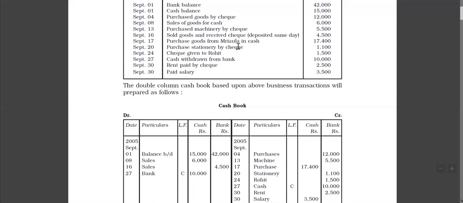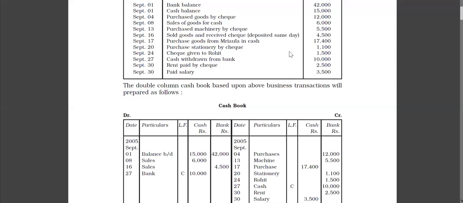Purchased goods from Mithula in cash 17,400. So purchase account debit to cash account. Cash is credit side, cash is credit nature. You place it in the credit cash column and write by purchase 17,400.